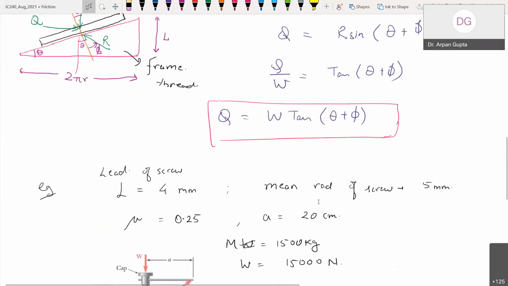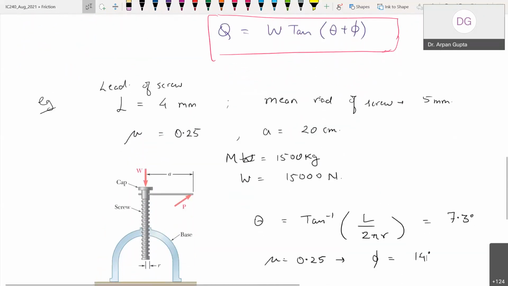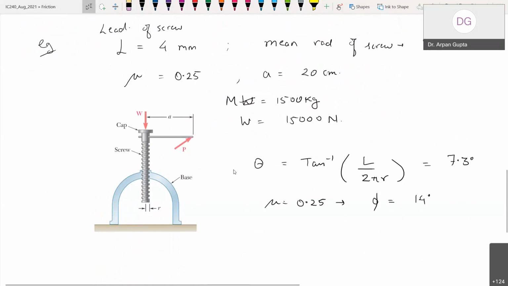This is the value of Q, and in this problem I want to find P. So P is W times tan of (theta plus phi) times R by A. Right?